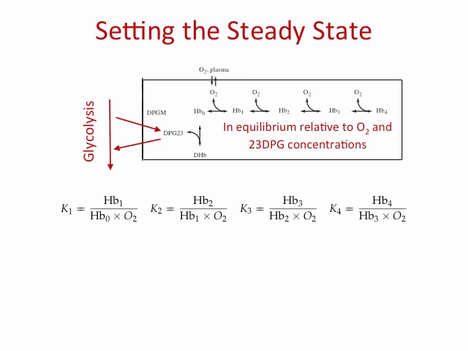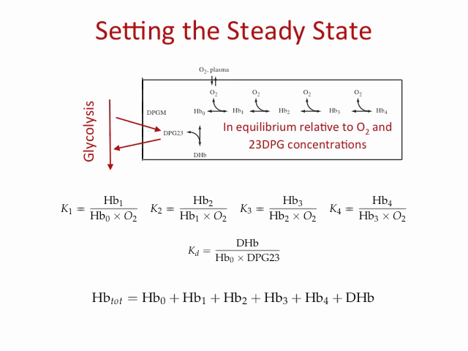Here are the binding constants for the 4 oxygen loading steps shown. The numerical values for K1, 2, 3, and 4 are known. Here is the equilibrium for the binding of 2,3-DPG, and this binding constant is also known.